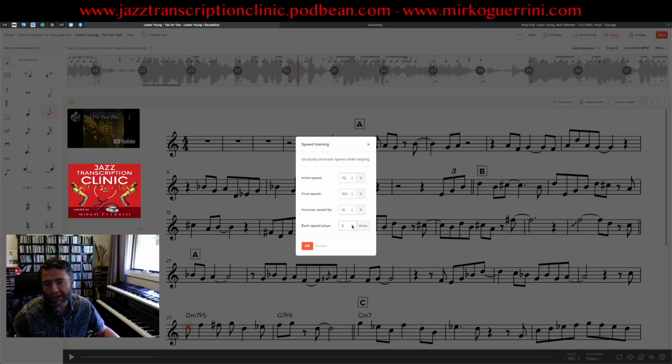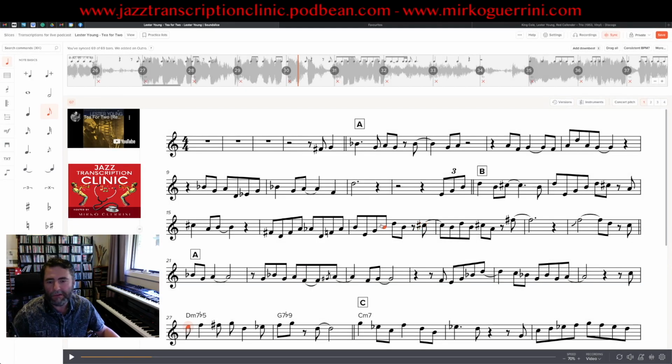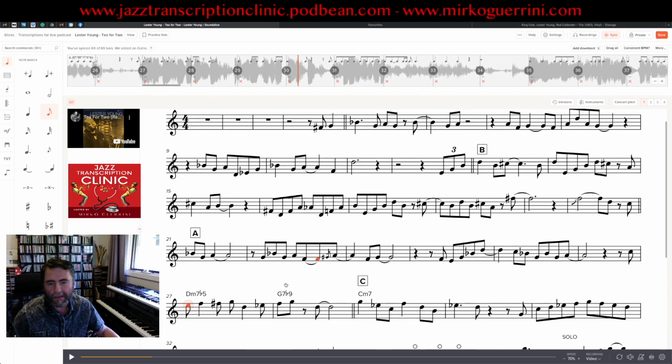Let's say we start at 70%, and of course we want to finish at 100%, increasing the speed by 10%. Let's try it 3 times. So we start at 70%. After 3 repetitions, it will go to 80% because it goes up by tens, and then up to 90, and then up to 100. Let's take a line that I missed before, maybe this one.